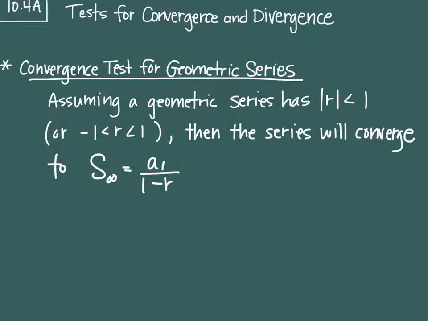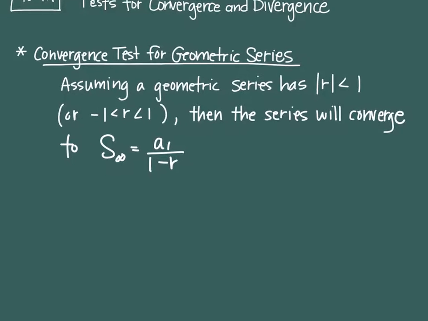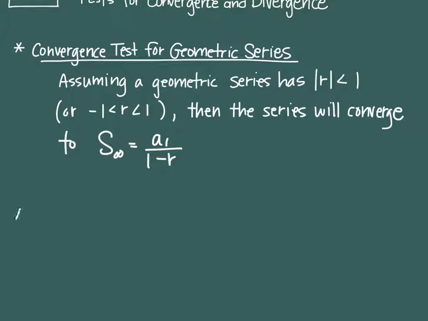If you're looking at a series and they ask, is it convergent or divergent, and you recognize it's geometric, and that the multiplier has an absolute value less than 1, you can say yes, it will converge because it's a geometric series with a ratio between -1 and 1. That one we already know. I'm going to give you 3 more such tests.